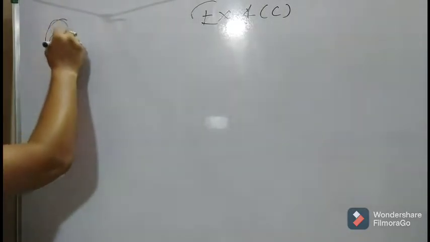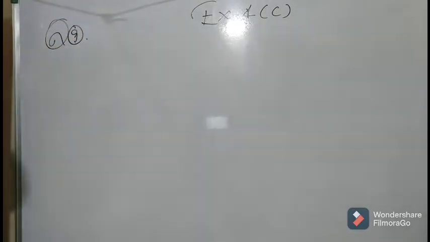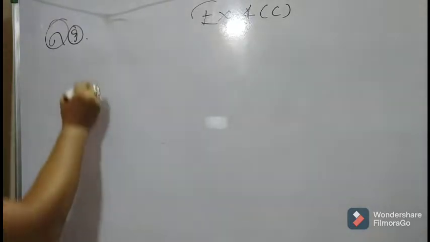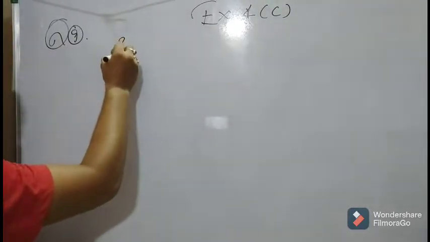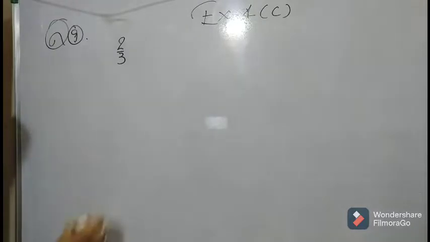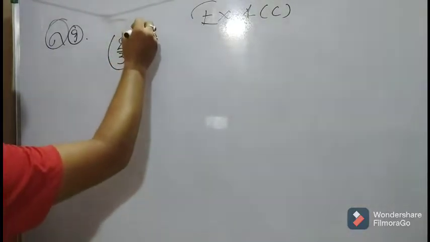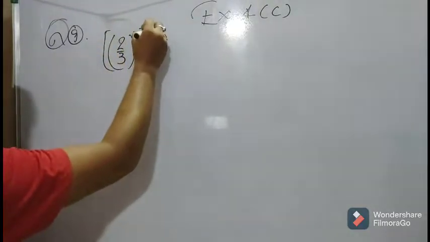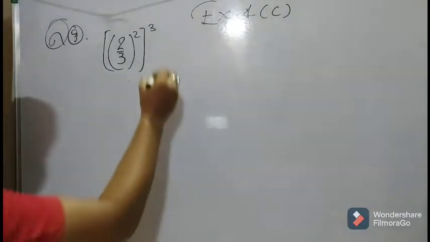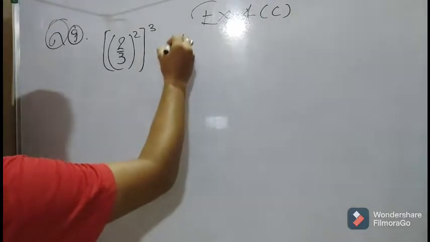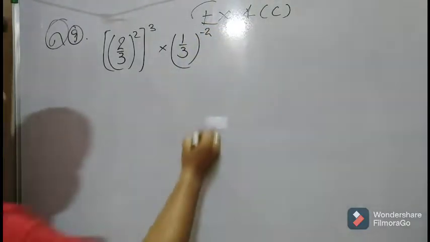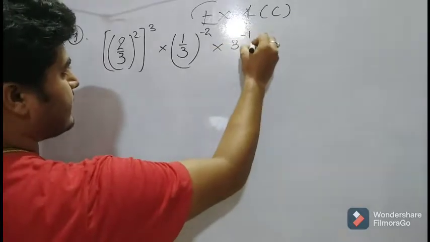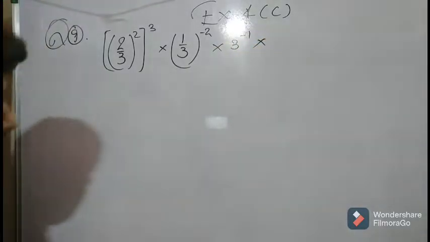Let us see question number 9. It says that we have to find the reciprocal of x. So first of all, find the value of x, and x is (2 by 3) raised to the power 2, raised to the power 3, multiplied by (1 by 3) raised to the power minus 2, multiplied by 3 raised to the power minus 1, multiplied by 1 by 6.